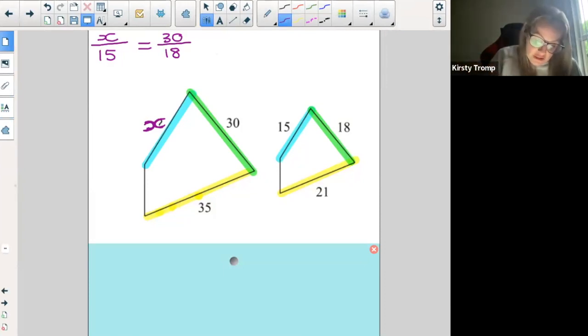To get rid of the fraction, I'm going to take this 18 and multiply on that side. So 18 times x gives me 18x, which is equal to, and I want to take this 15 and multiply him that side. 15 times 30 gives me 450.